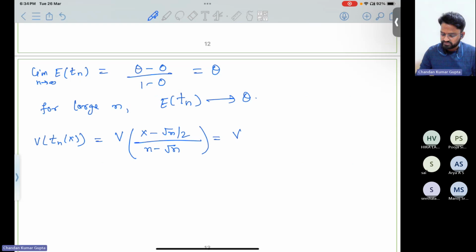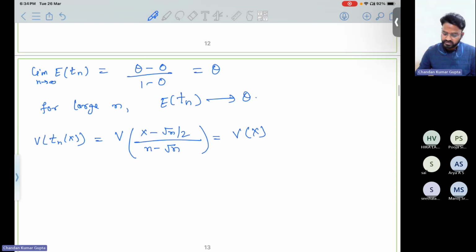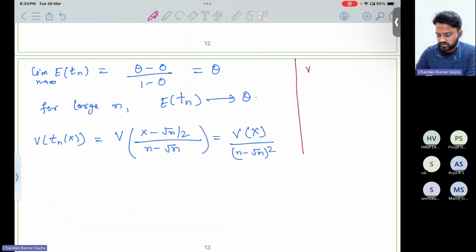Okay, which will be written as the variance of x minus the variance of a constant, which is 0, and the constant which is multiplied gives n minus root n whole square. You know that, no?